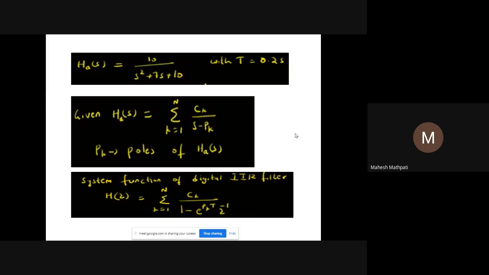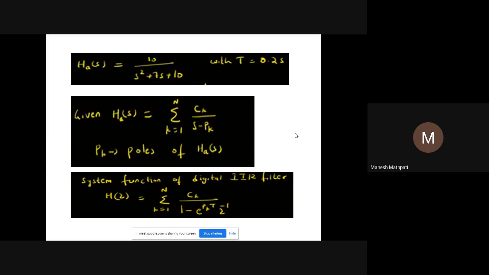So that means we can write it as s plus 2 and s plus 5. ठीक है? लिख सकते हो ऐसा? Yes or no?